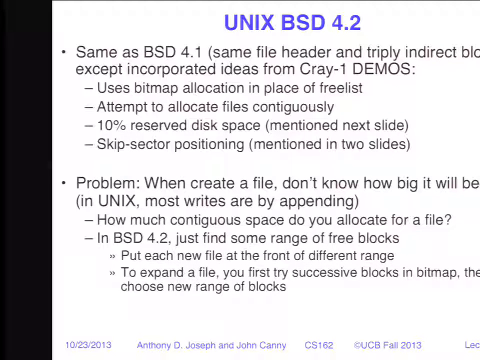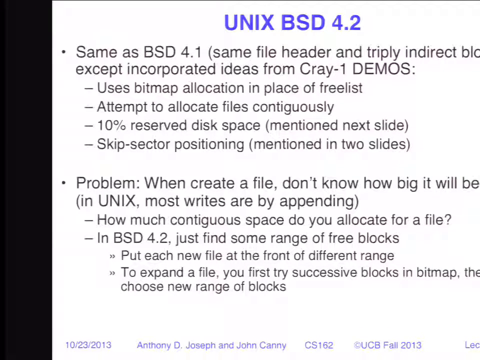Yes, question? Would you run the risk, if someone's making a lot of files in a row, that you get a contiguous run of zeros bigger than your set range, and you'd actually start 5 different files right after each other? Sure. So the question is, if we've got a bunch of file creations going on at the same time, could we end up with them all on top of each other in these free ranges? In some cases, that's actually a good thing.